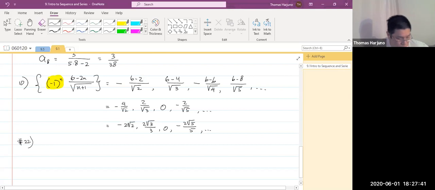Again, I will just do the first 4 or 5 terms. a sub 1 equals 5. a sub k plus 1, the next term after the kth term, is 7 minus 2 times the kth term. So the first term is 5. The second term will be 7 minus 2 times the first term.